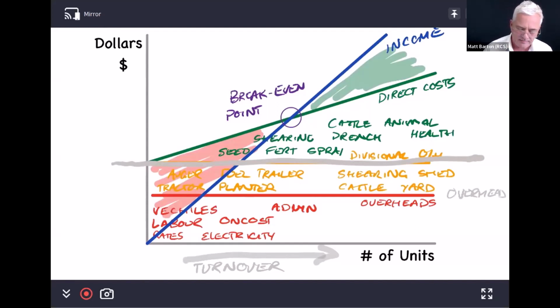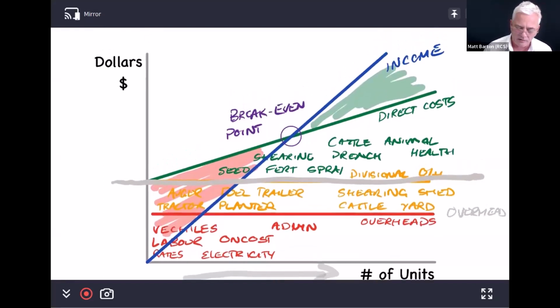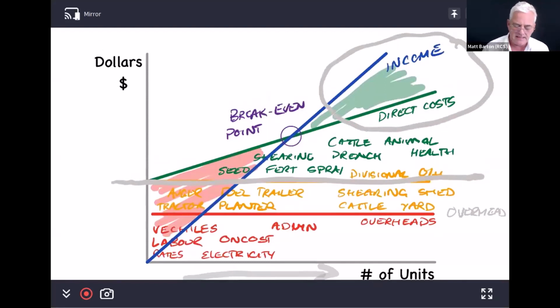And the last one that we want to look at is what we call our gross margin. So our gross margin is the relationship between the cost of production, the direct costs, and the price that we're receiving.